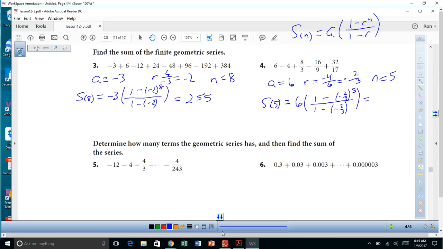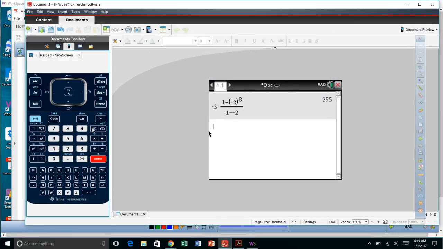And we'll just go ahead and put that in the calculator. We have 6 times, open parentheses, control divide, 1 minus -2, control divide, 3, caret 5, and then 1 minus -2, control divide, 3, and then press enter.